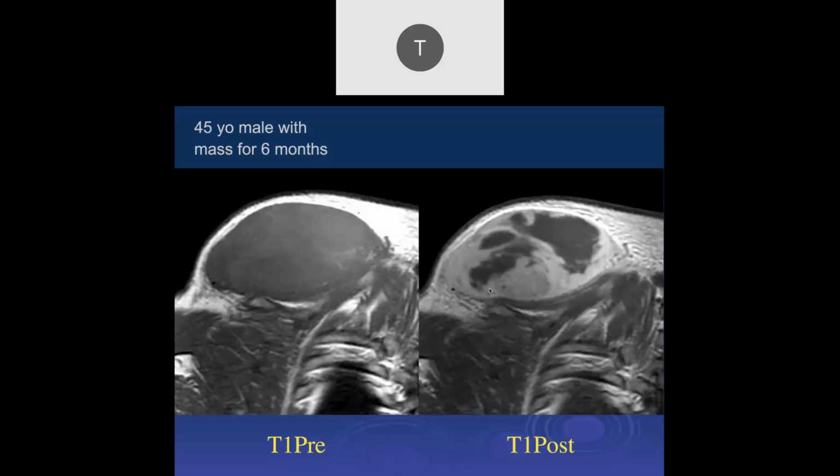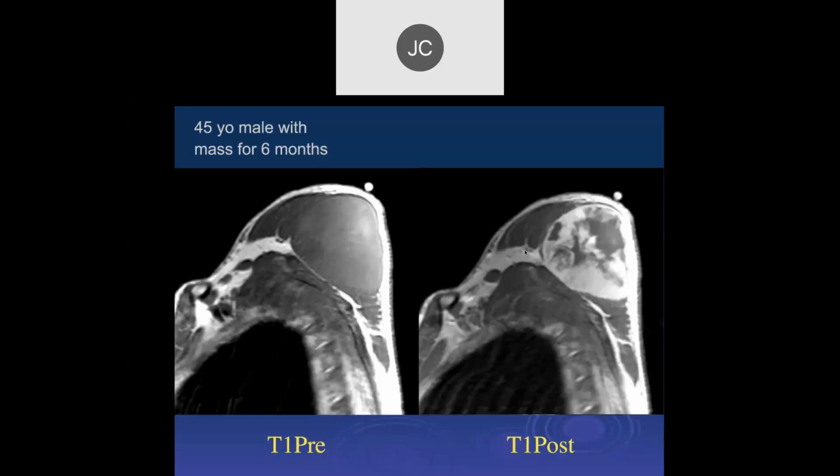Definitely some areas of internal necrosis and heterogeneous enhancement within there. Again, probably a smooth muscle tumor. We see a lot of inhomogeneous enhancement, which is a very worrisome sign, like it has outgrown its vascular supply. And here we can see it in the sagittal plane, similar characteristics, and this was a leiomyosarcoma.